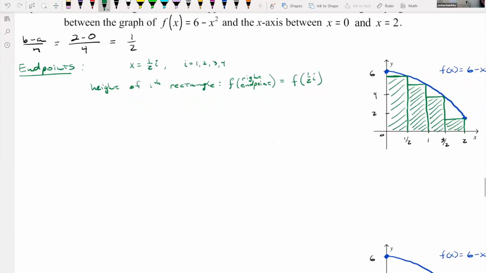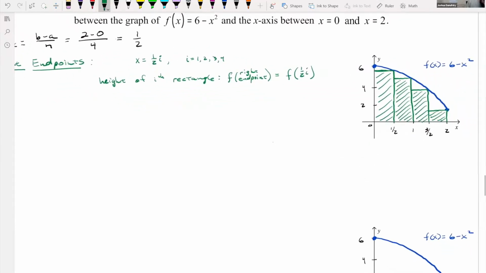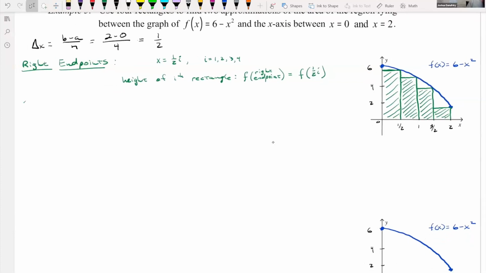And so now we want to get the sum of the areas of our rectangles. So let's write that up. Sum of areas of rectangles. Well, we're going to add 4 rectangles, and they're all going to have the same form.